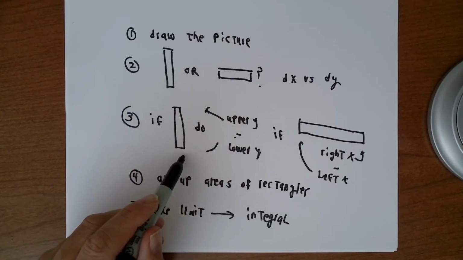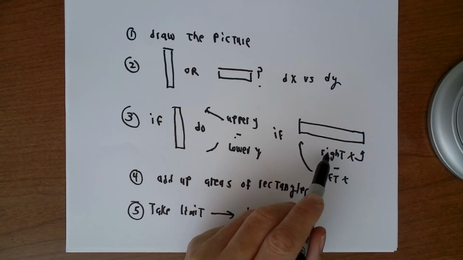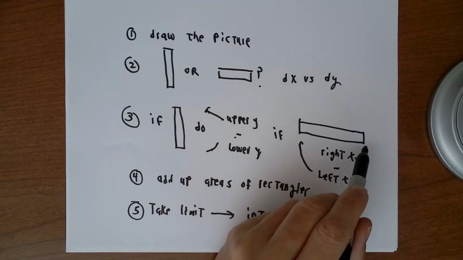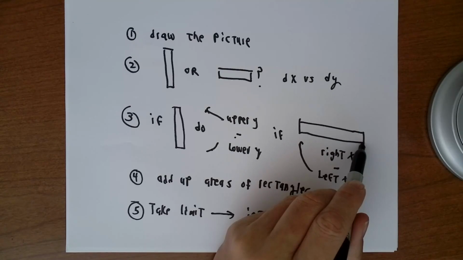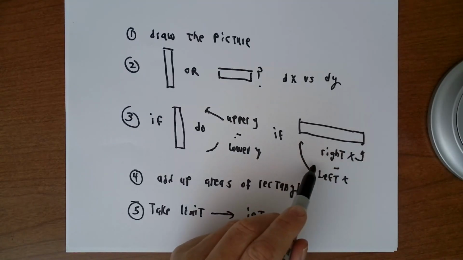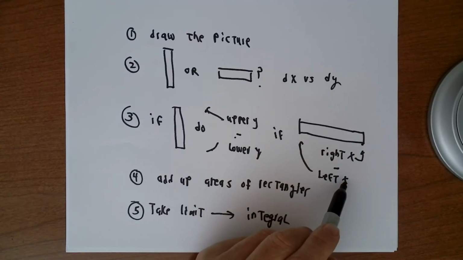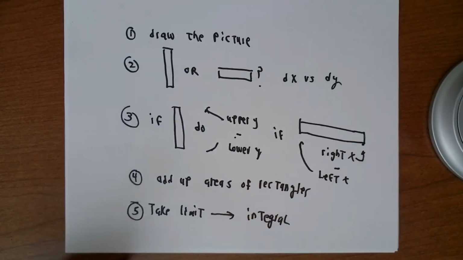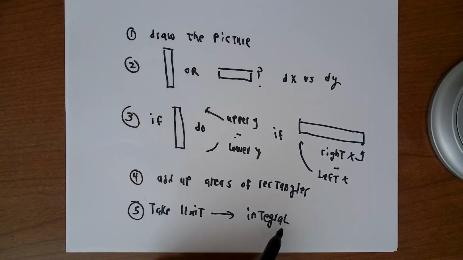If the strip is horizontal, it's rightmost x in terms of y minus leftmost x in terms of y. Later, you'll multiply by delta y, add everything up, take the limit, turn it into an integral, and then you do the integral using techniques from Calc 1.